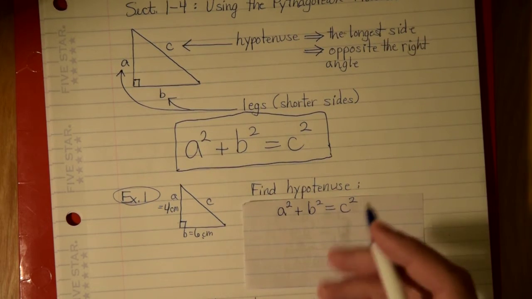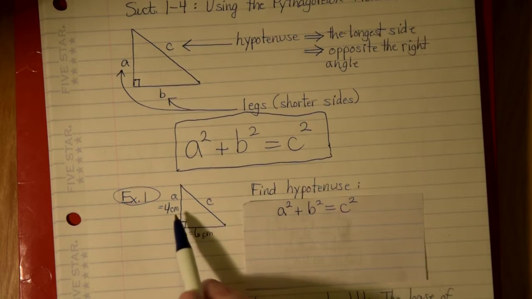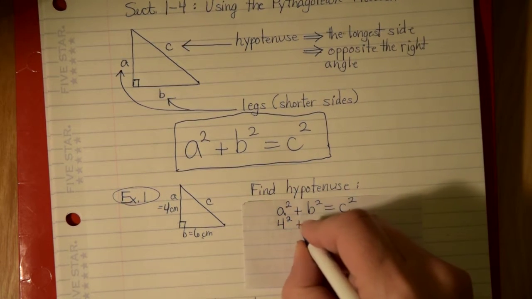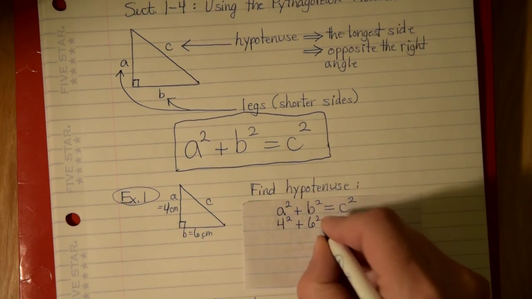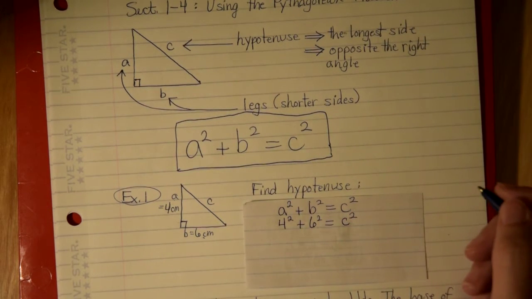So write the formula. Step 2 is to plug the numbers into the formula. So A is 4 squared plus B is 6 squared equals C, I don't know, so that stays C squared.